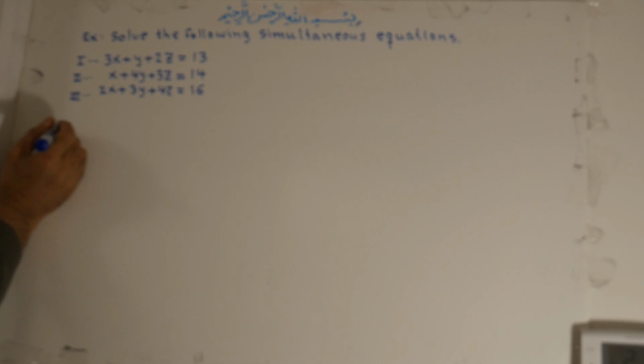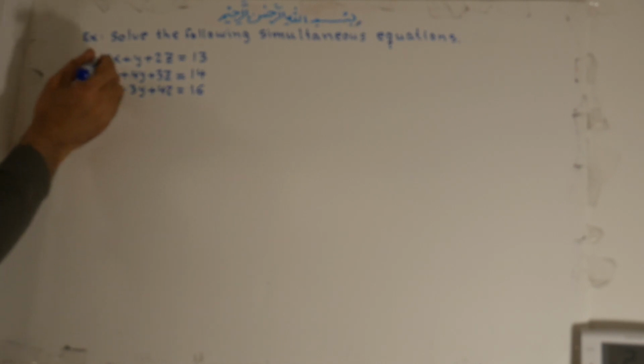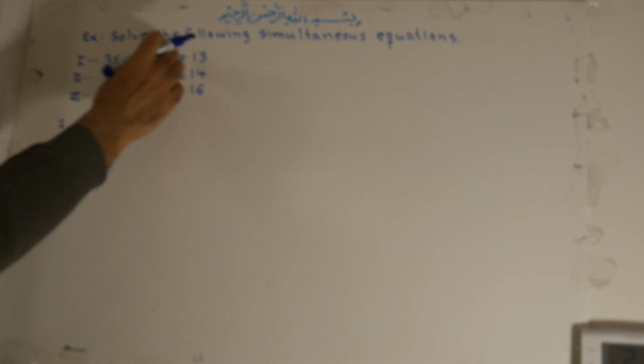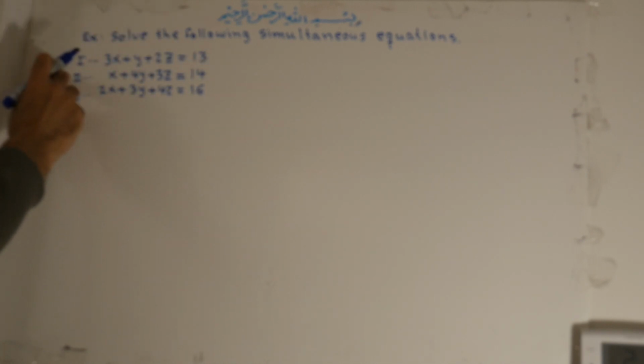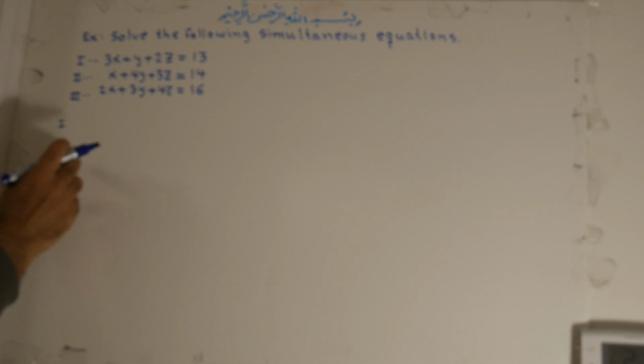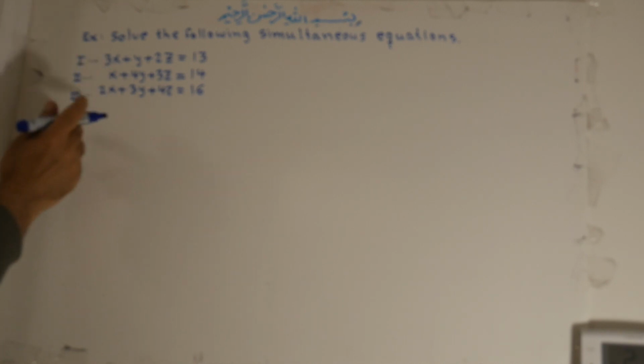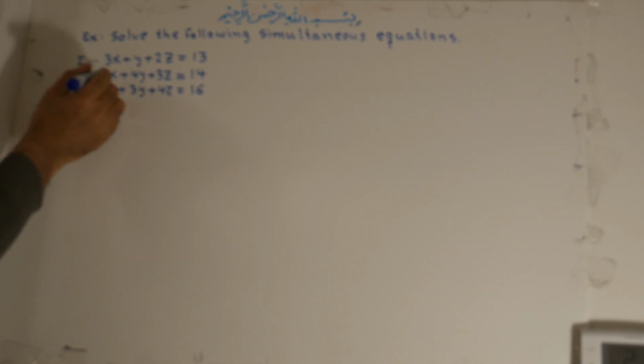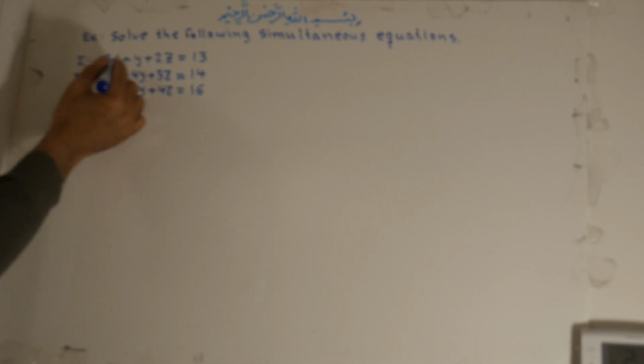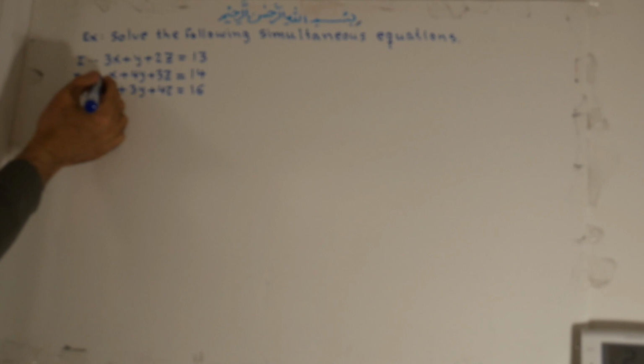What we do, we pair equation number 1 with number 2, and then number 2 with number 3. For equation number 1, we multiply all of the equation with the coefficient of x in equation number 2.